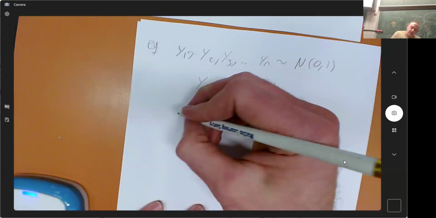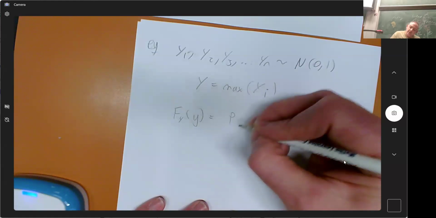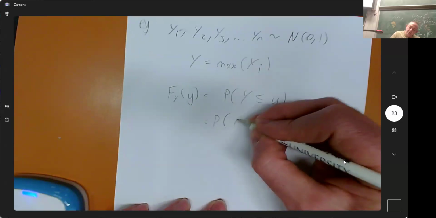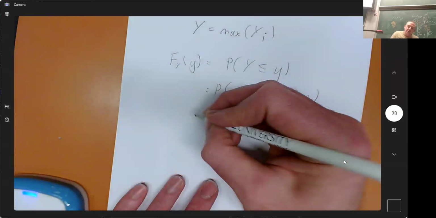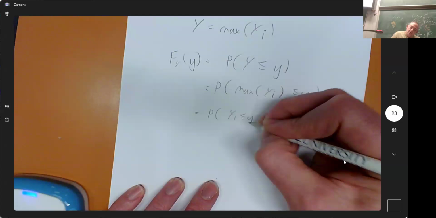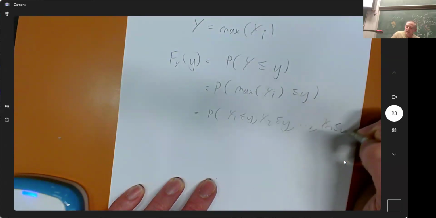And then you go, well, okay, f_Y of little y is the probability that big Y is less than or equal to little y, which is the probability that the maximum of all of the Yi's is less than or equal to little y, which is the probability that Y1 is less than or equal to little y, and Y2 is less than or equal to little y, and all the way up to Yn is less than or equal to little y.